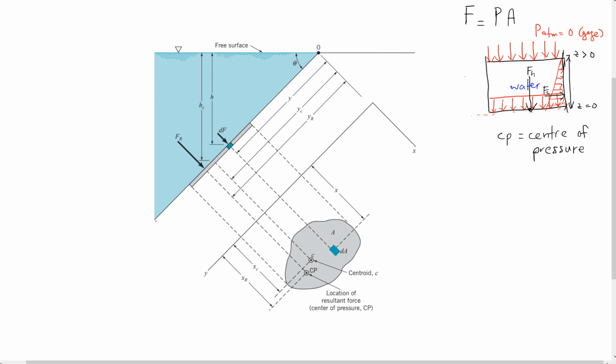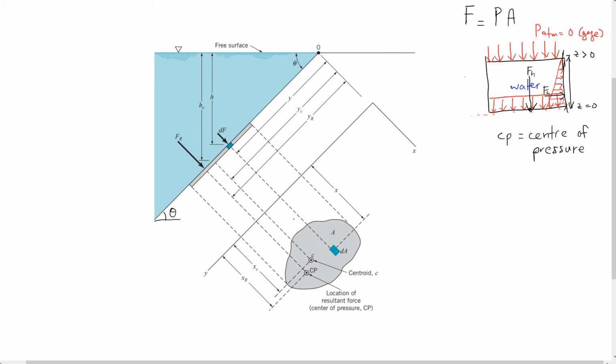So what happens if you have something like this? It is slightly tilted, at a certain angle from the horizontal. So it's not vertical, it's not horizontal. Let's say this is the wall or the gate or the plane surface of any arbitrary shape.